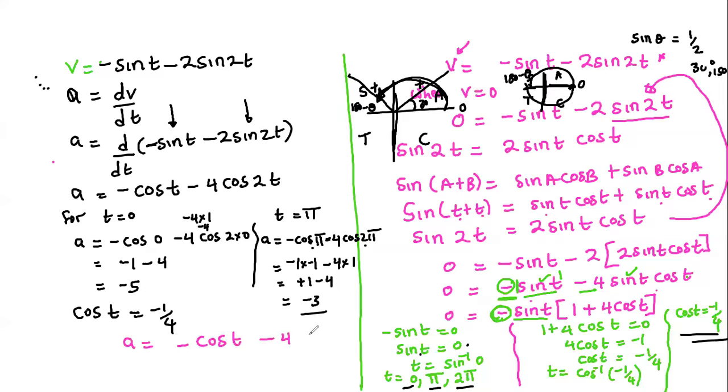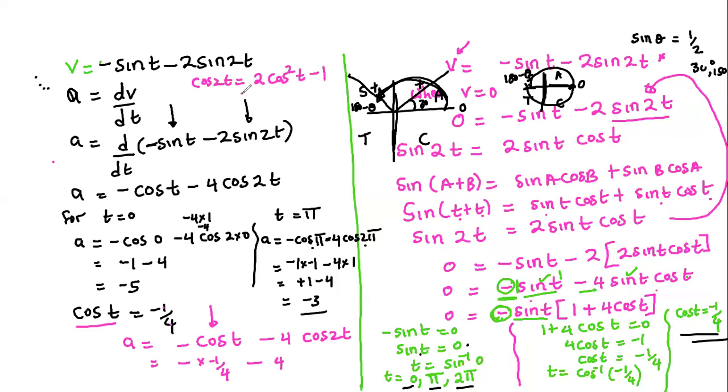minus 4. Now, unfortunately, this is cos of 2t, yet I have cos of t. It means that I can first write my cos of 2t in terms of a single angle. And what is cos of 2t? In terms of t, in terms of a single angle, it is the same as 2 cos squared t minus 1.